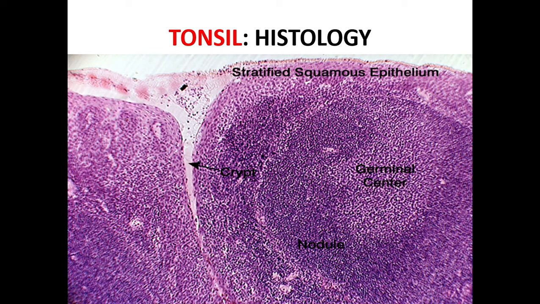We have here the microscopic appearance of the tonsil. Just like the other structures and organs, it also has a darker area, the cortex, and a paler area. We have the germinal centers, and toward the center of the tonsil, we have the medulla. So the appearance is actually the same as that of the other organs and structures of the lymphatic system.